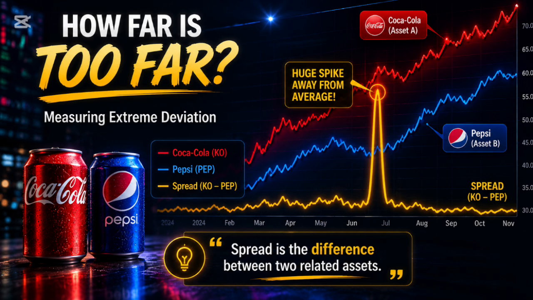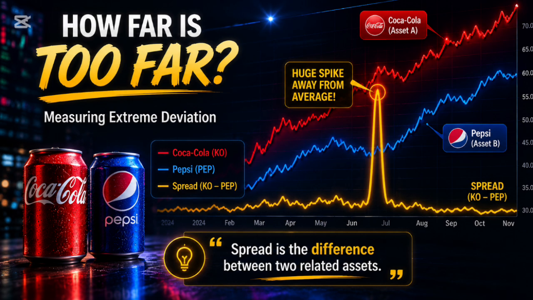But now the next important question becomes: how do the best traders know when a spread has moved too far away from the normal? How do we know for sure that the spread has moved far from its normal?